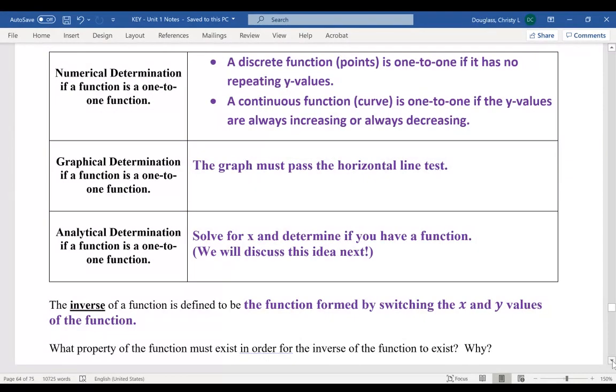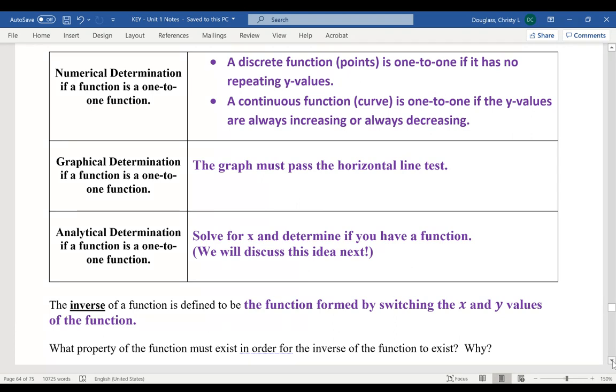So, as I mentioned, we're going to look at determining if a function is a one-to-one function numerically, graphically, and analytically. Numerically is when we're simply looking at a table of values. This would be a discrete function when we just are looking at a finite number of points.